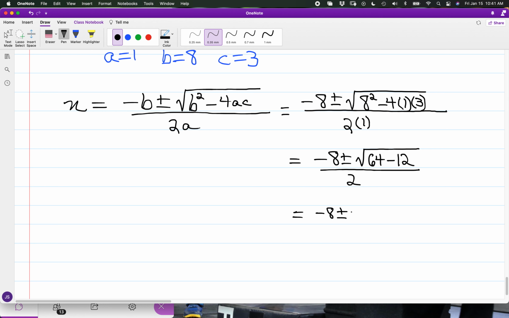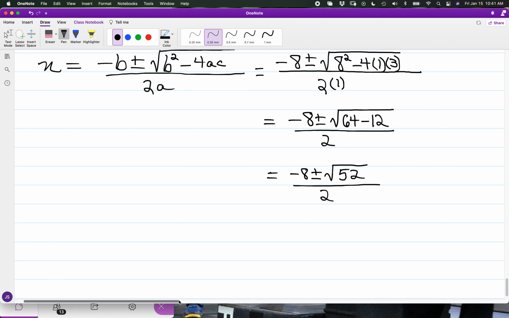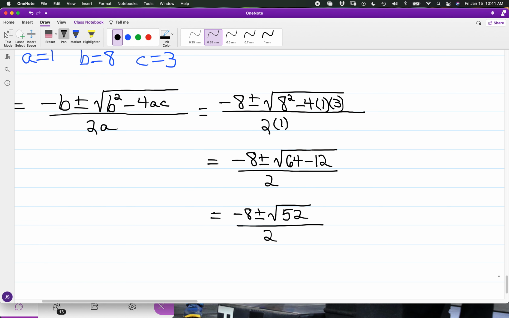So we have negative 8 plus or minus the square root of 52. And once again, the denominator is going to be 2. Now, unlike 41 and 89 just a moment ago, 52, in spite of not being a perfect square number, is nonetheless a multiple of a perfect square that is greater than 1.